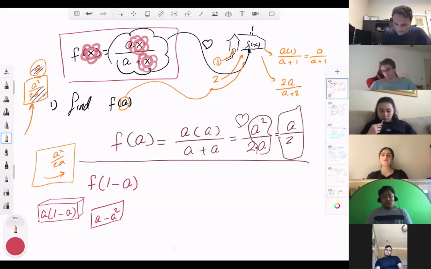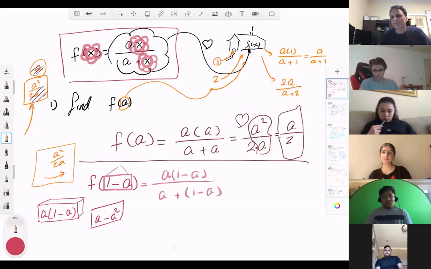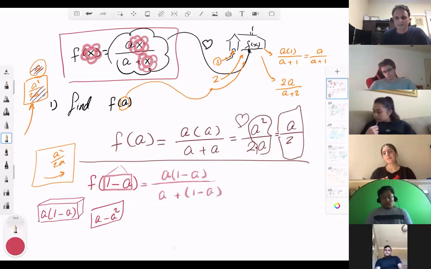Now, I know you guys don't like 1 minus a, but this can be a house. Instead of x, you're going to put 1 minus a. Instead of x, you're going to put 1 minus a. So that's the first step. Now we get something that you guys don't like, but we're going to simplify.